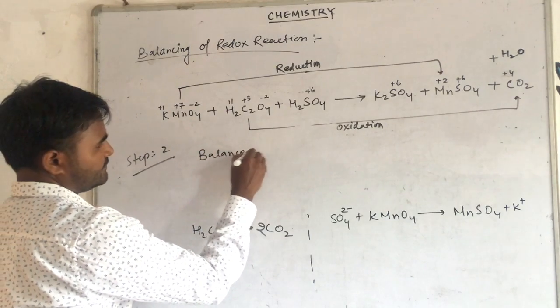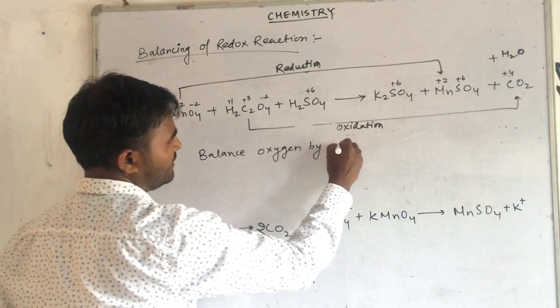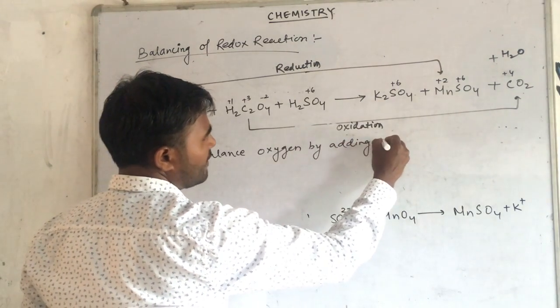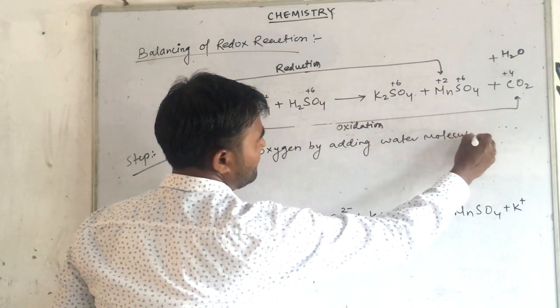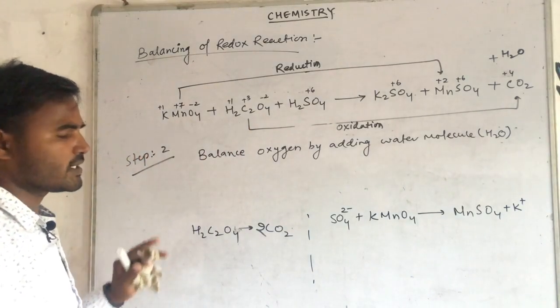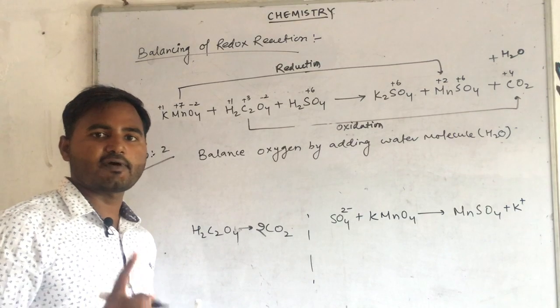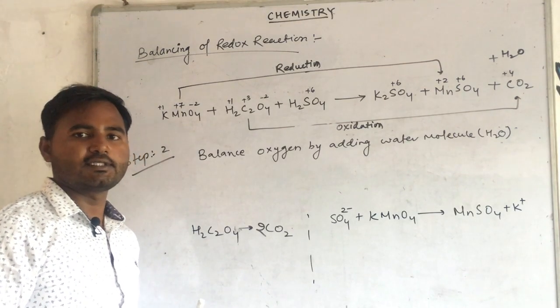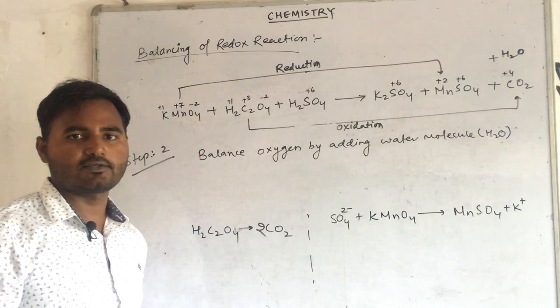Balance oxygen by adding water molecule. In this step you have to balance the oxygen by adding water molecule, and we know that we have one oxygen in one water molecule, so if need 3 oxygen then we have to add 3 water molecule.